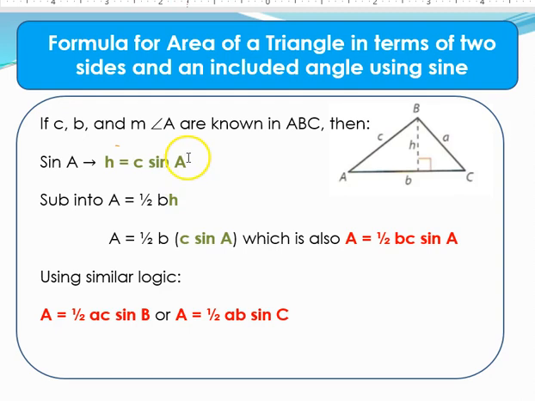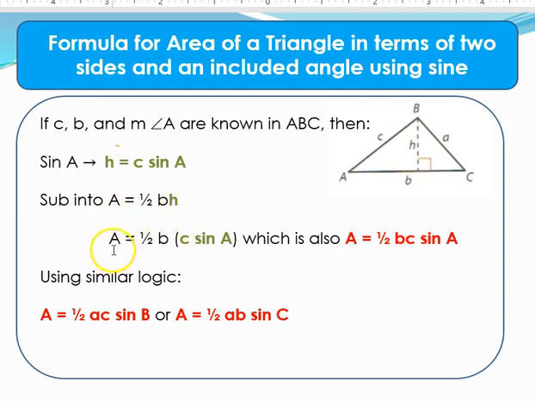You can take that C sine A, so C is this side. You're taking the sine of that and doing A, which would be this angle A, whatever the degrees are. You sub it into 1/2 BH.